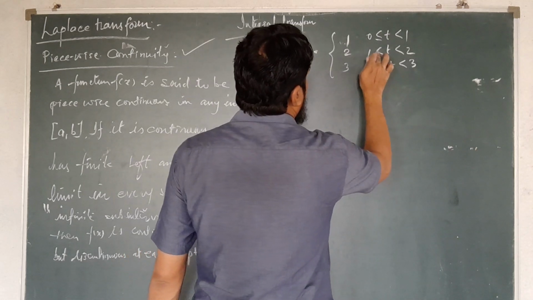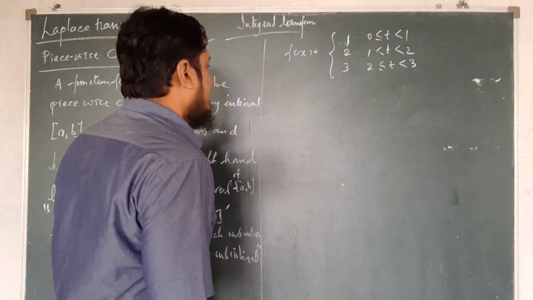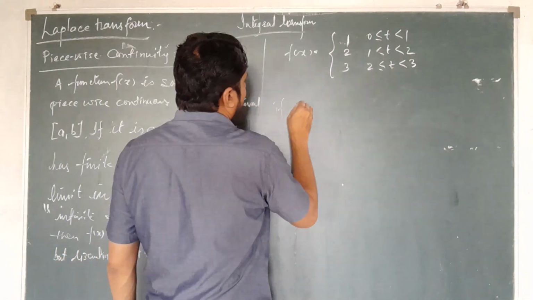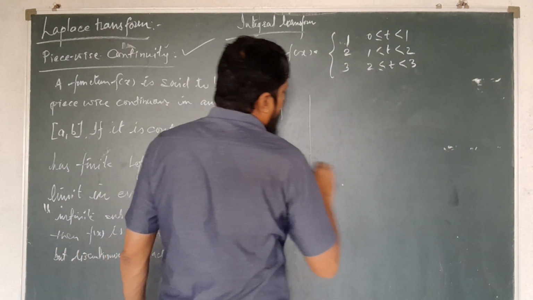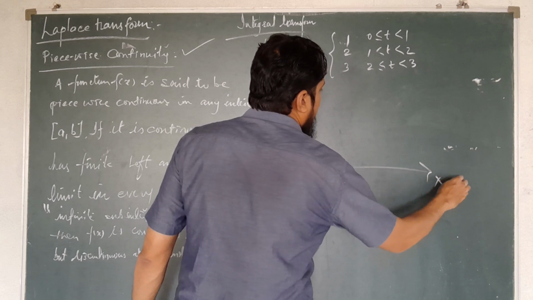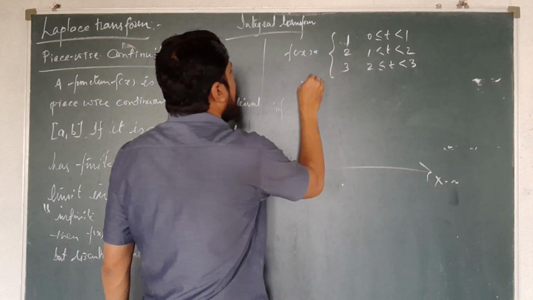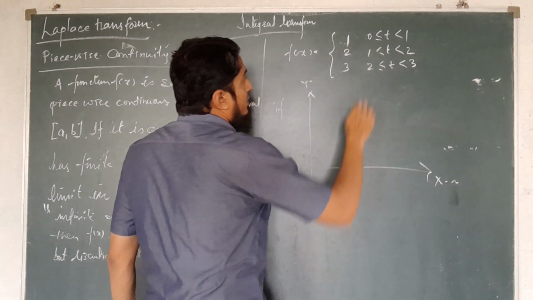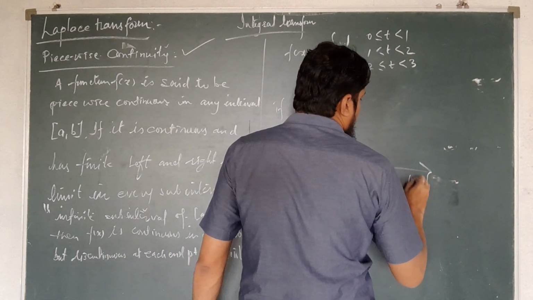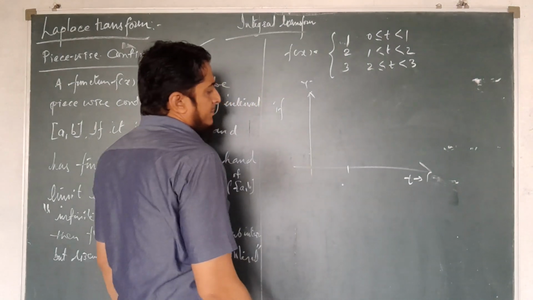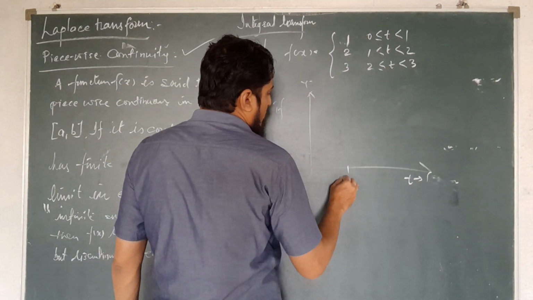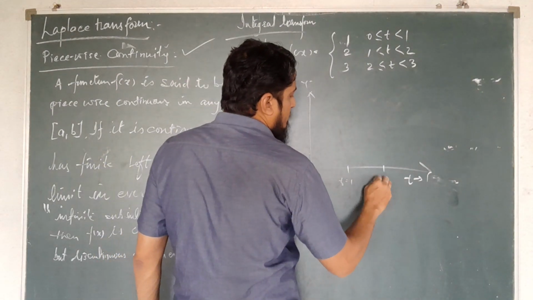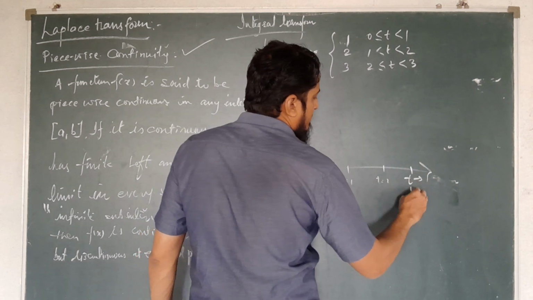If we draw this function, we get the x-axis and y-axis, where we have taken the variable t, with t equal to 1, t equal to 2, and t equal to 3.